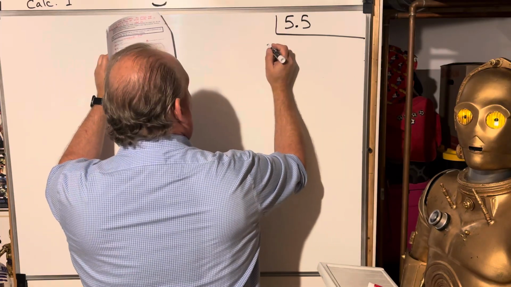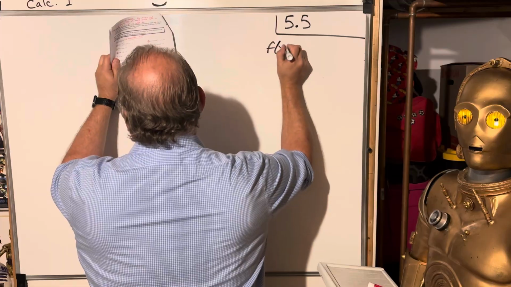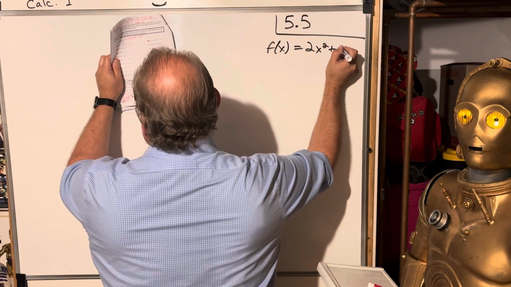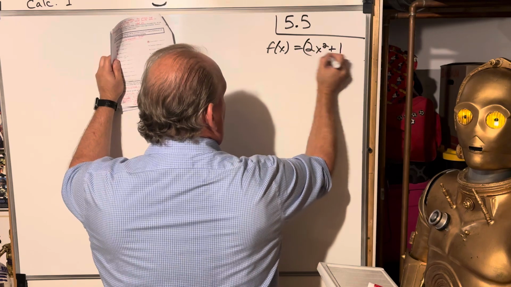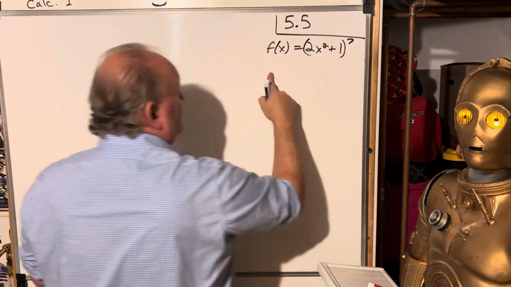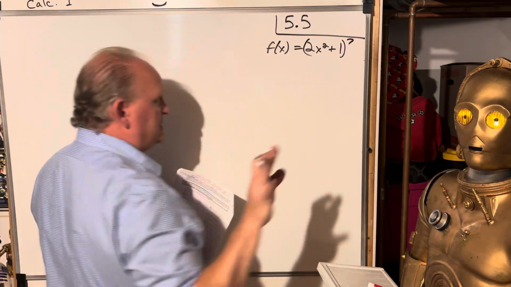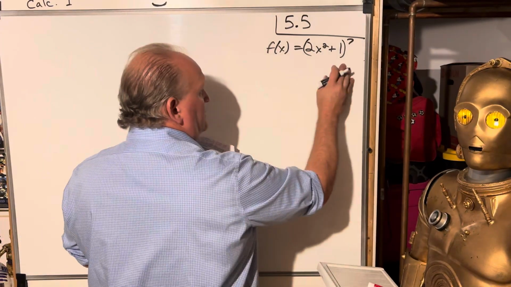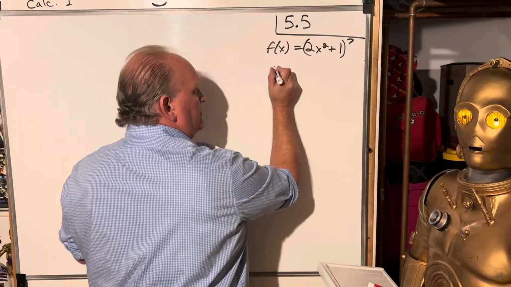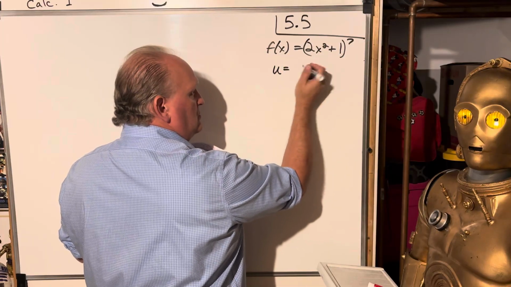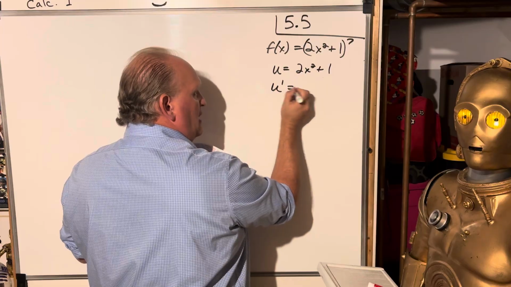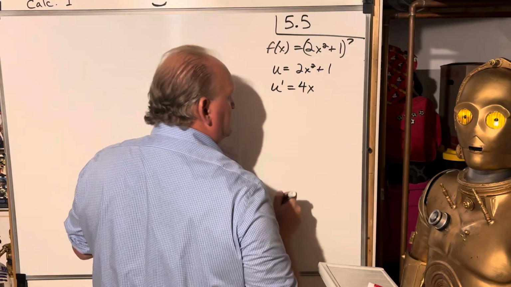But remember when we were deriving using this process. So if I had 2x squared plus 1, all raised to the 7th power, and I wanted to do the derivative. So we're going back to derivative, just a quick derivative review. Remember what we would do. We'd kind of say, okay, we set that as u, 2x squared plus 1, and we would find u prime, that's 4x.